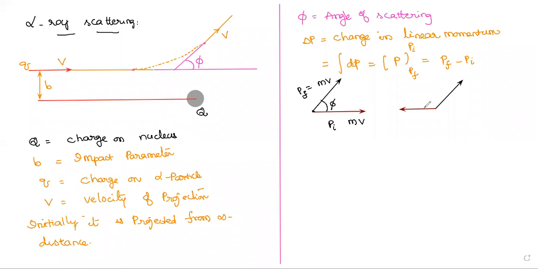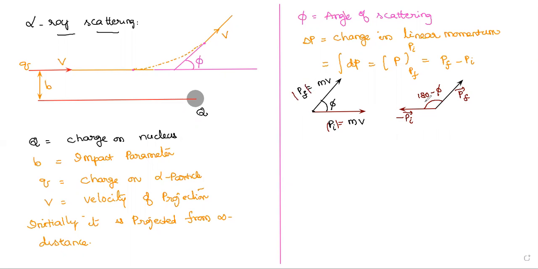If I take the angle between them as phi, the other side angle is 180 minus phi. Then this is P final, and this is actually minus P initial bar, but its magnitude is mv. These are the magnitudes.